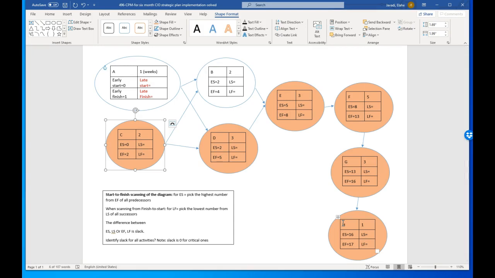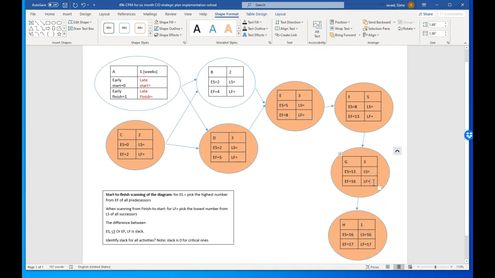If they are delayed, the whole process is delayed. These two are non-critical. They can be delayed without delaying the whole project. How much? We have to calculate that. So we have to scan the network from the end to the beginning. There is nothing that changes here. So late finish is the same as early finish because there is no other information here. For this one, late finish would be the latest start of the next activity.